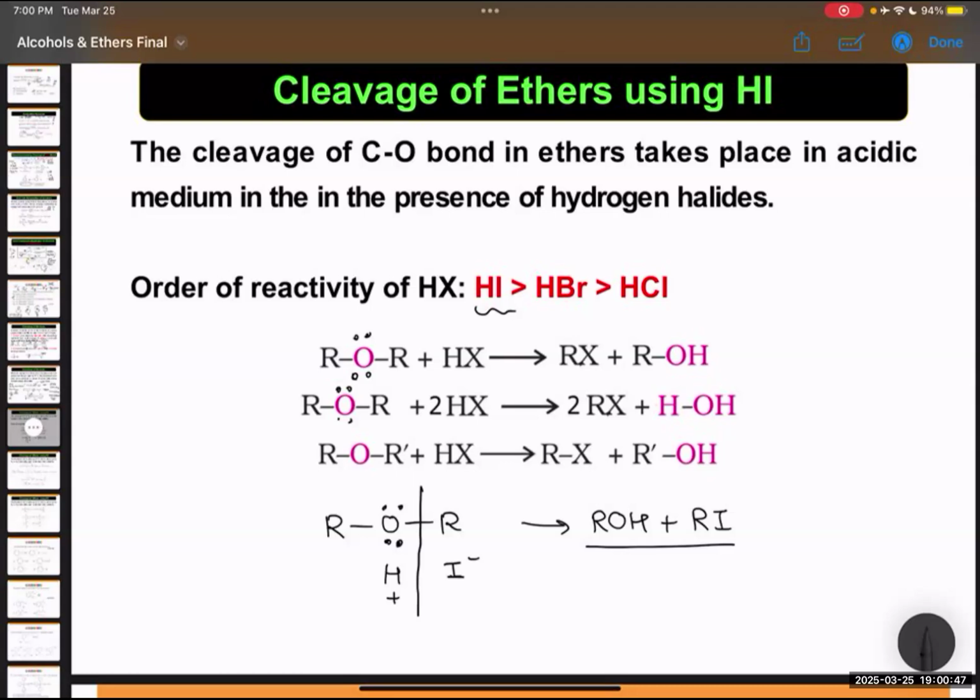So basically you have ROH and RI. You end up with 1 mole of alcohol and 1 mole of alkyl iodide. If you take 2 moles of HI, again you will put one more HI. So with 2 moles, you will get RI, this RI.